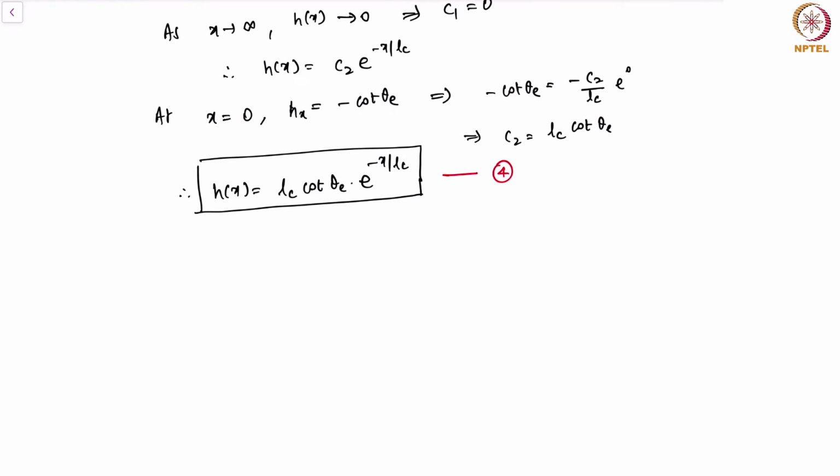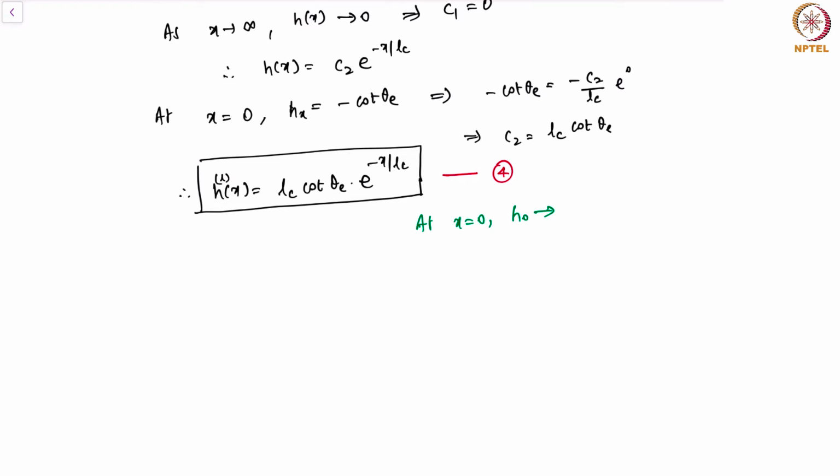Let's now compare some of the predictions that come out of this equation. One of the predictions is at x equal to 0, where we have h naught as per this result. Let's label this h naught of L, that is to say it's a linearized solution.